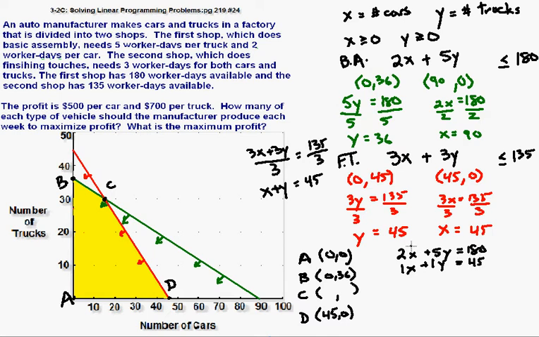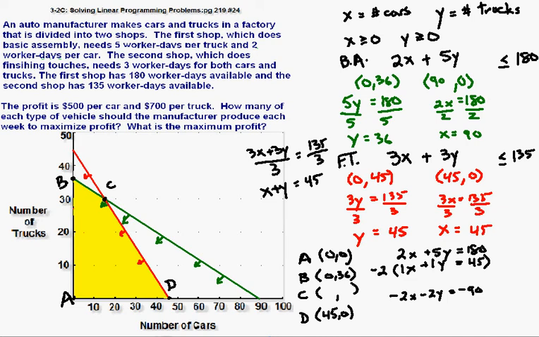If I were to multiply this equation by -2, I'm going to get -2x minus 2y equals -90.